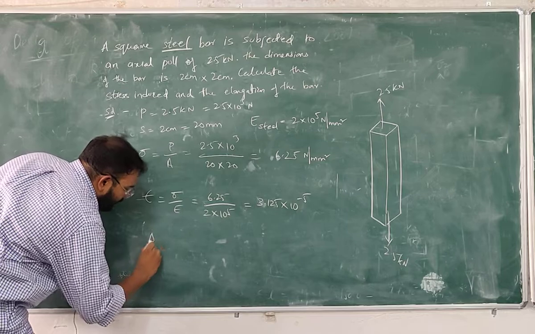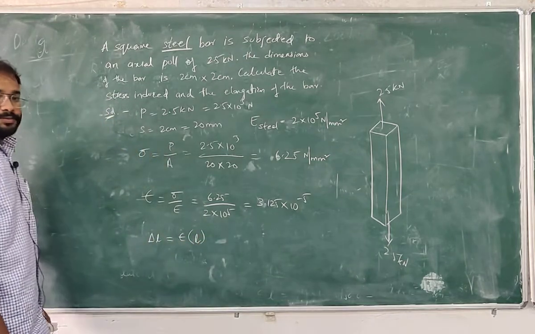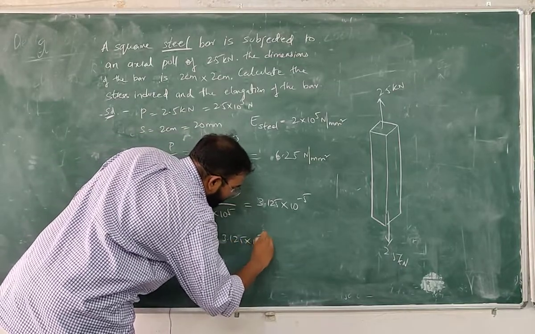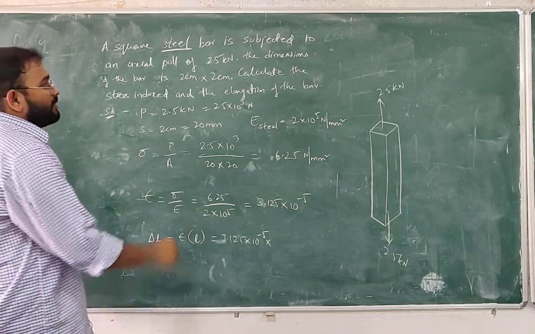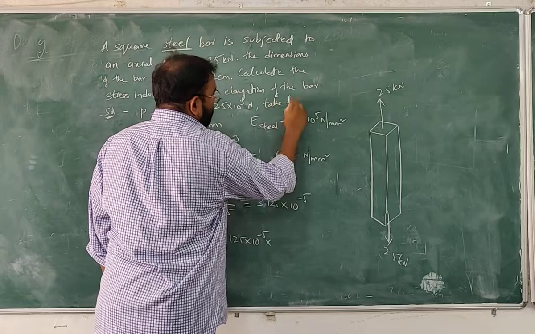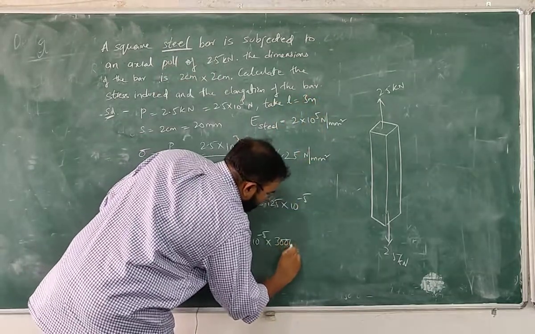Now delta L will be equal to strain multiplied by original length. So this will be 3.125 10 power minus 5 multiplied by the length of the bar. I have not given length. Take L is equal to 3 meters, so multiply with 3000.